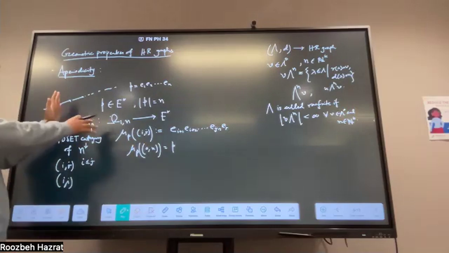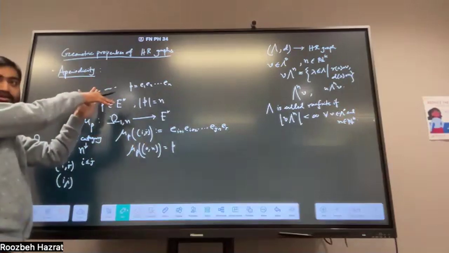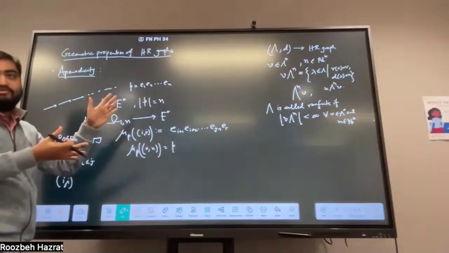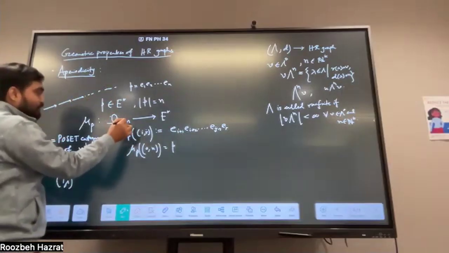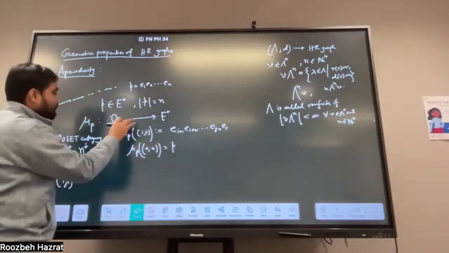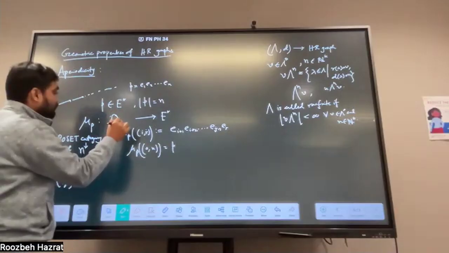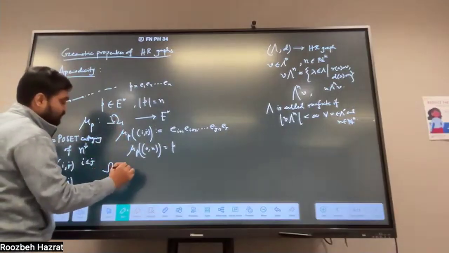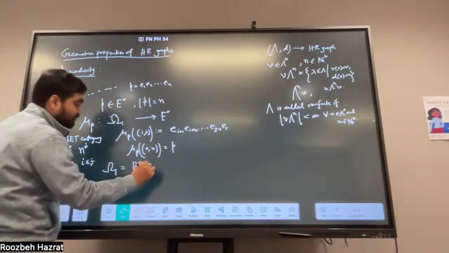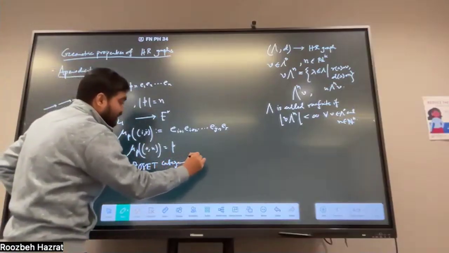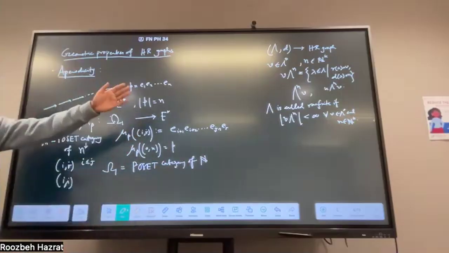So this is a way to view any finite path as a functor, and you can extend this approach to view infinite paths. Just replace this omega 1n with omega 1. Now omega 1 is just the poset category of N. So you take everything natural.